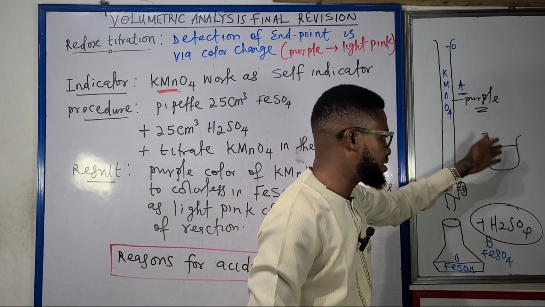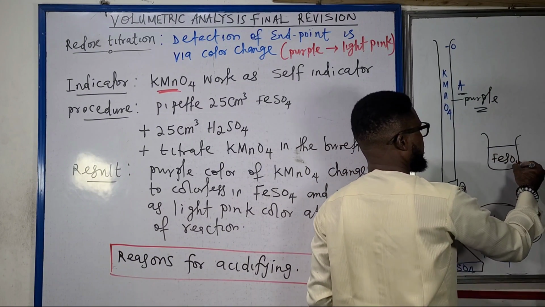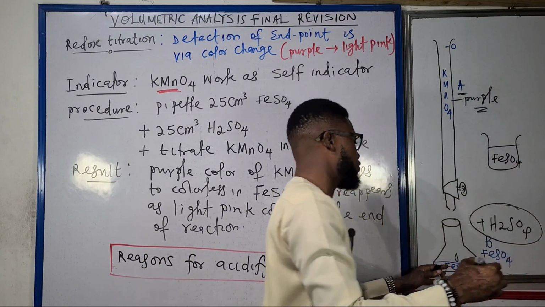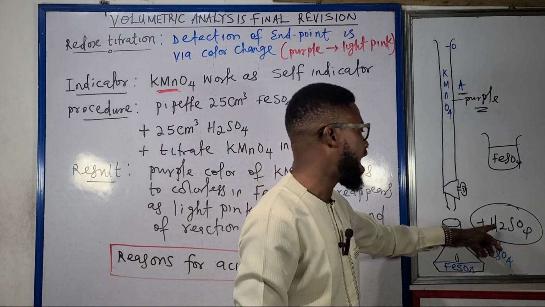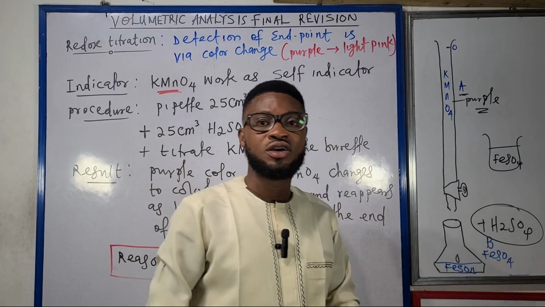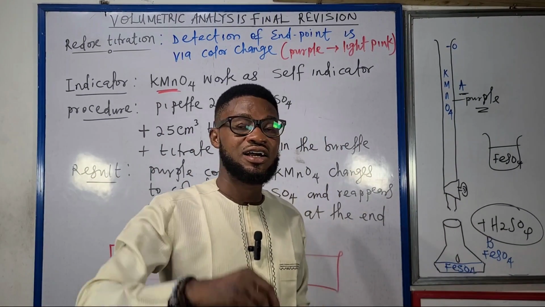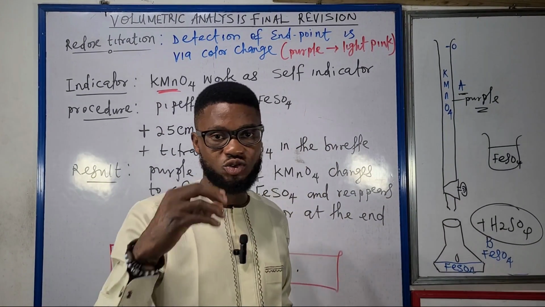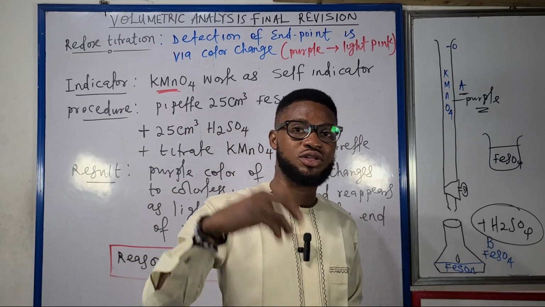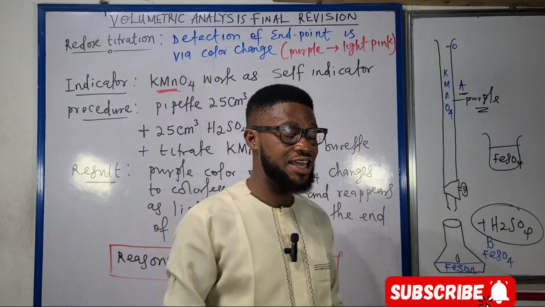So pipette your iron sulfate into the conical flask. Add 25 cm cube of H2SO4, or whatever amount you're told to add on the day of your exam. It will be in the WAEC question; it's going to be clearly stated if you are adding anything.